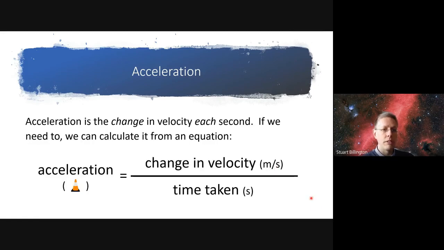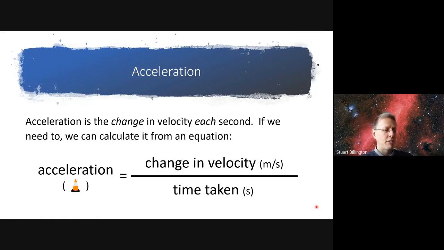So there is a formula that goes with this, and I need you to put that in a box in your book and make it look important, like you did the speed one. But I would just draw your attention to the kind of traffic cone that is in the unit brackets for acceleration. Obviously, don't copy that down.